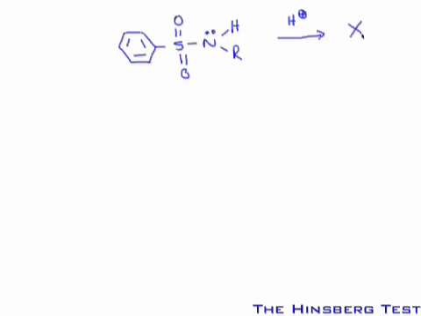So we don't really go anywhere. But if we add base, that same resonance stabilization allows the base hydroxide to pull a proton off and become H2O. If you produce this, you will get this guy.